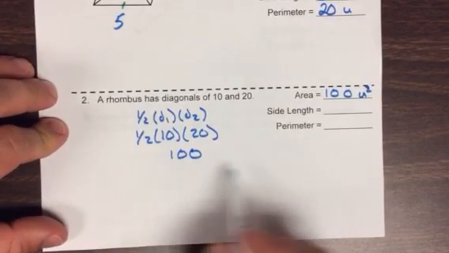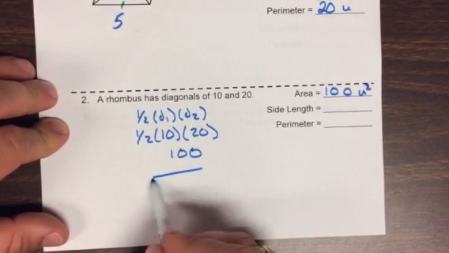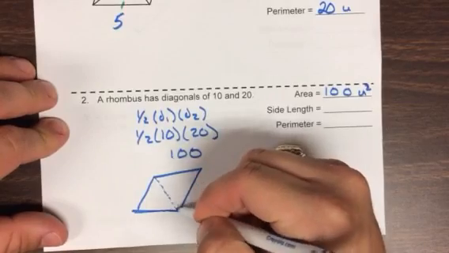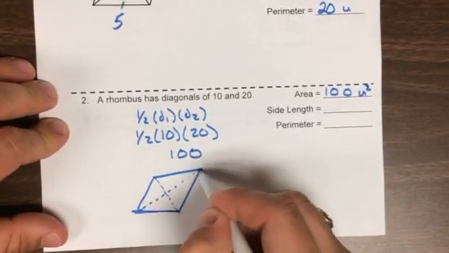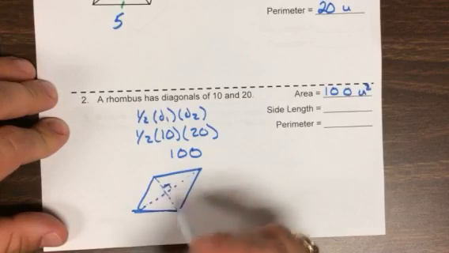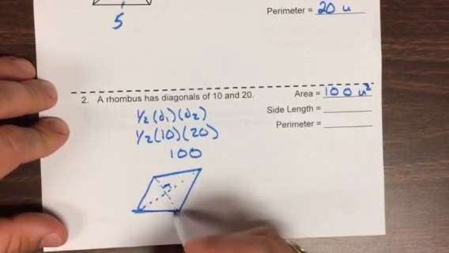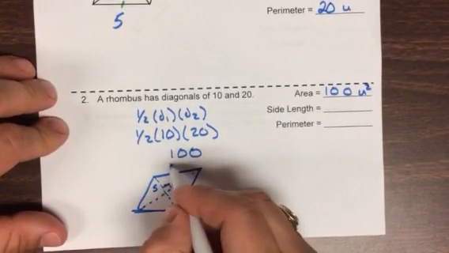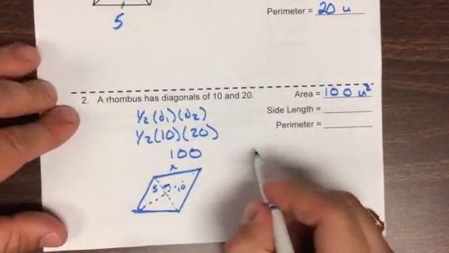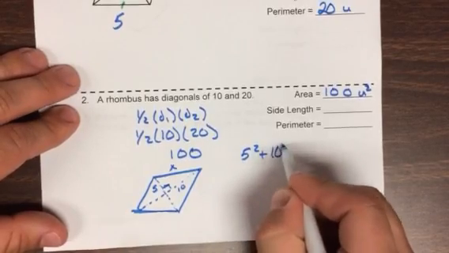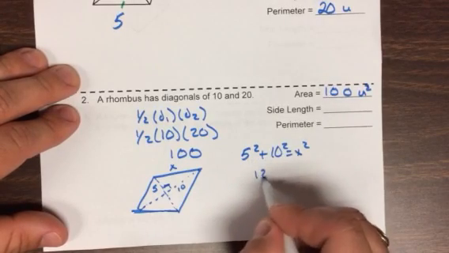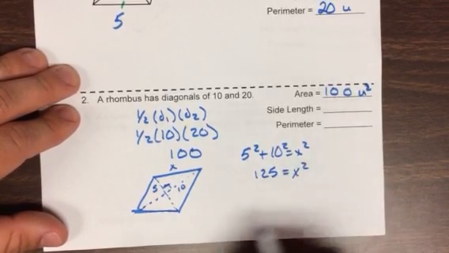So now comes our picture, which I'm not going to draw perfectly, but if I go ahead and sketch it out here, the important part is when I draw my diagonals, I know I have a 90-degree angle, and I know that this diagonal is 10, which would make this piece 5. This diagonal is 20, which would make this piece 10, and I'm again looking for the third side. 5 squared plus 10 squared equals x squared, or 125 equals x squared.